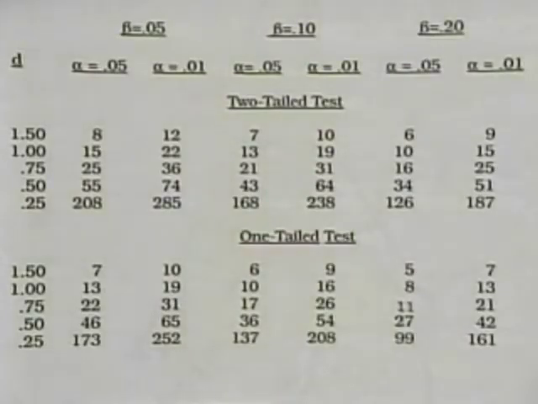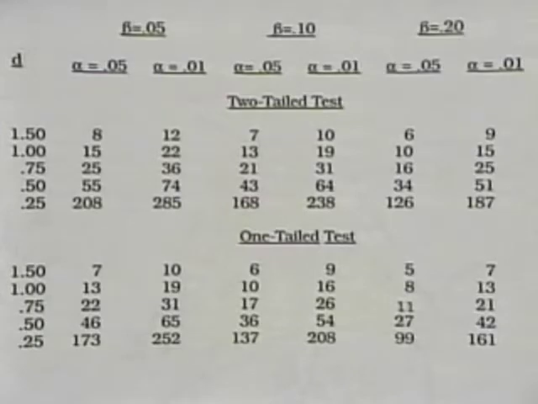Okay, now again, don't look at the table. If we're going to have an alpha level of 0.05 instead of 0.01, what effect will that have on sample size? If we have an alpha of 0.05, what that does is increase our chances of a type 2 error. What impact will that have on the sample size?